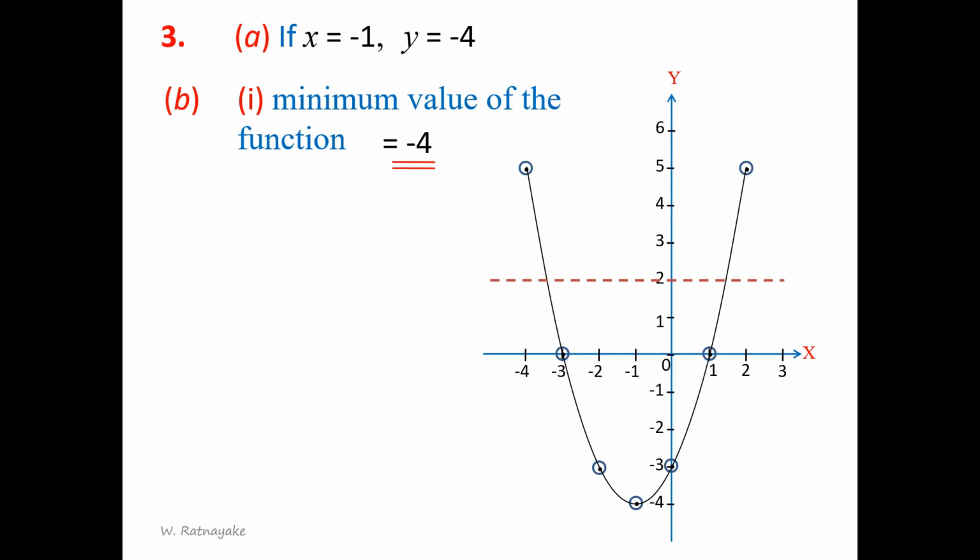So the corresponding values of x for this y value are minus 3.4 and the other margin is plus 1.4. Between these two values only, the y value lies on the lower part of the graph.